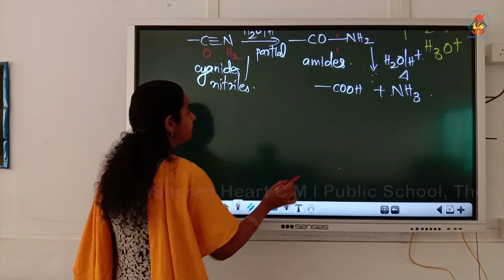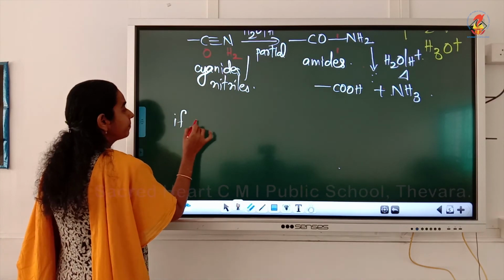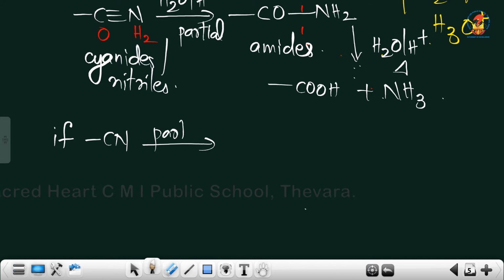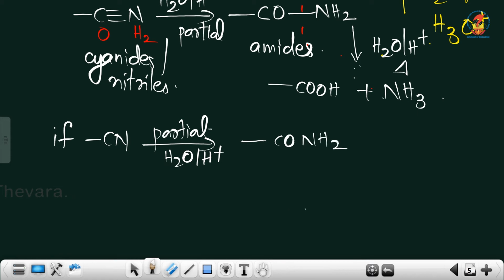So how can we summarize it? If cyanides are undergoing partial hydrolysis, the reagent is H2O/H+ only, and they will be hydrolyzed to amides.